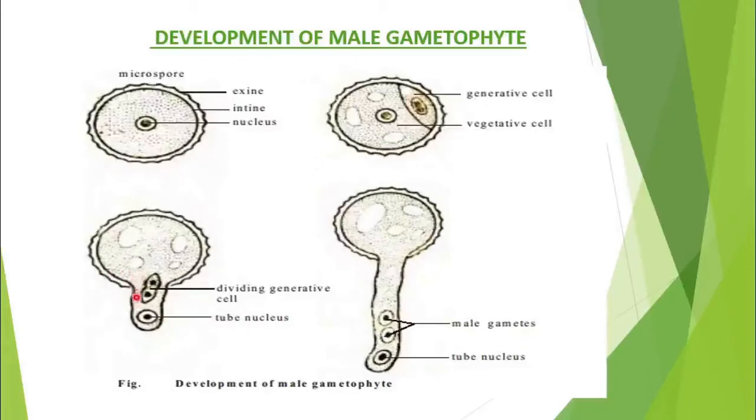So there is development of the pollen tube. As soon as the pollen tube develops, first the nucleus of the vegetative cell enters the tube. It is followed by the cytoplasm and later the generative cell enters inside the tube.